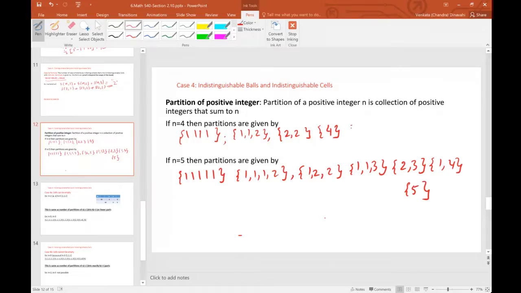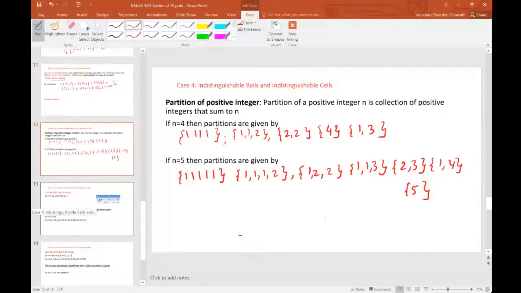And even for 4, I think you can put 1 comma 3 as well, right? These are all different partitions of 4, and these are all different partitions of 5. That means a collection of positive integers whose sum is equal to 4, or equal to 5, and I don't care about the order. 1, 2, 2 is same as 2, 1, 2 or 2, 2, 1. All are the same thing. Hope you understood what partition means, because this is important.